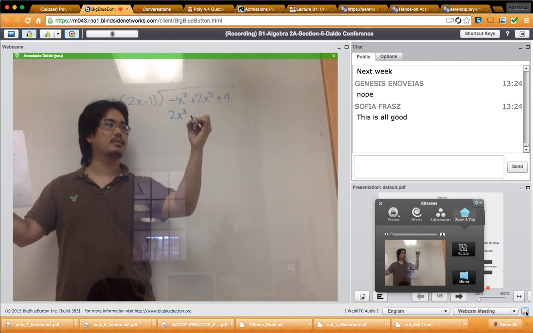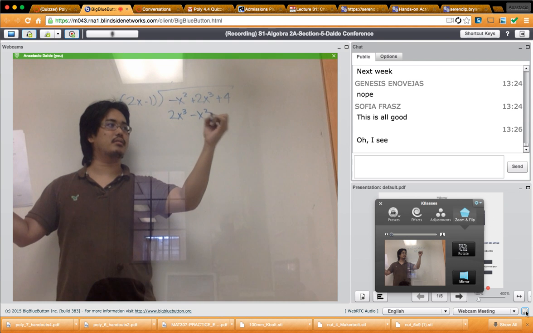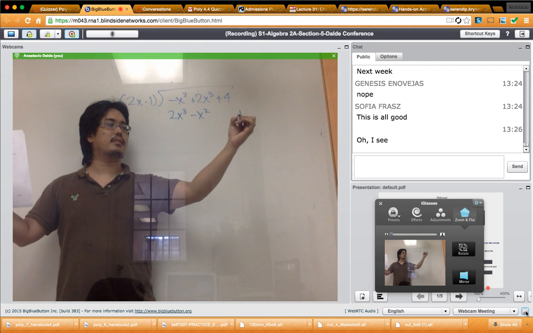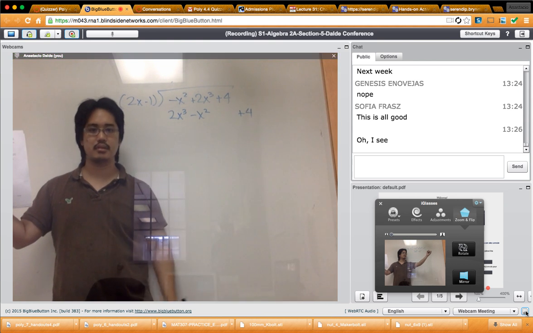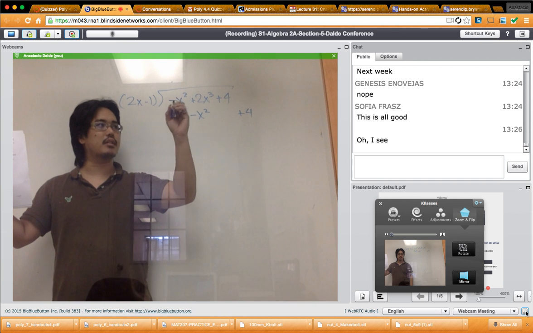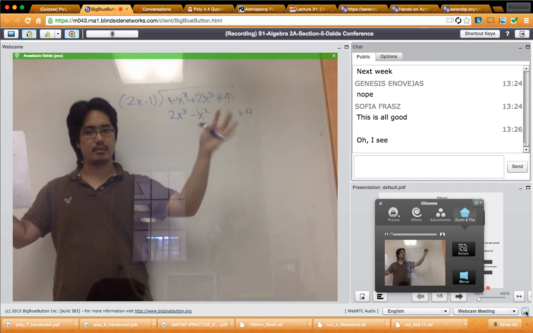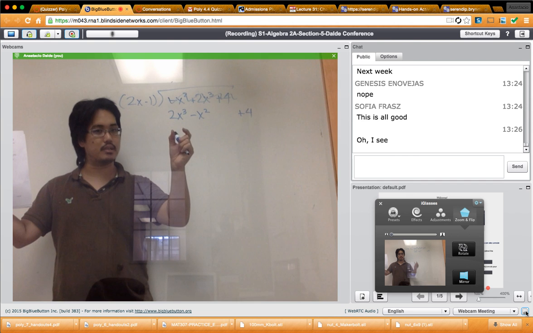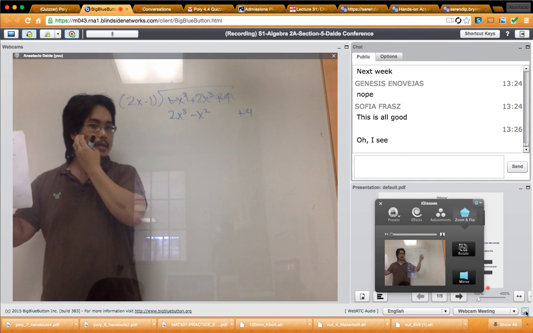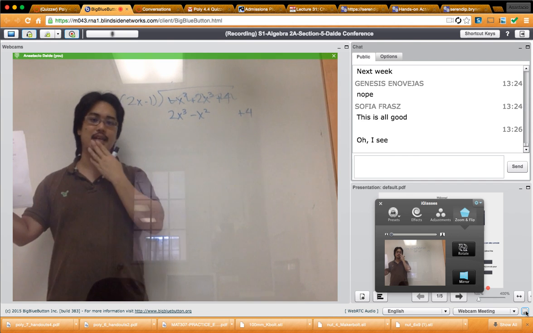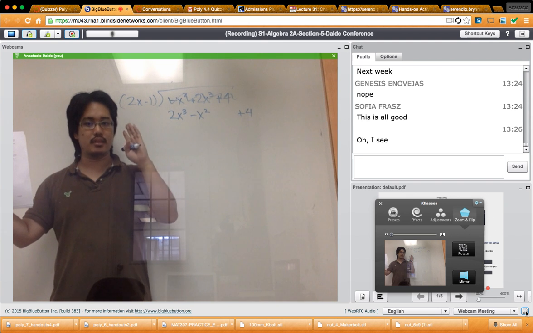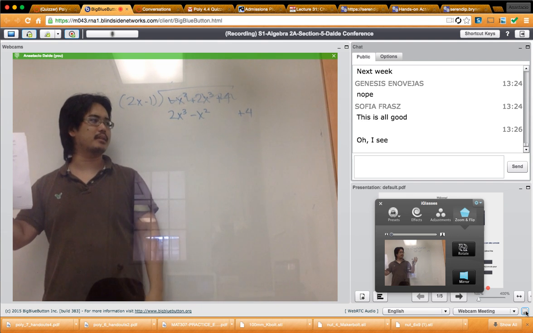So it's 2x cubed minus x squared plus 4. And then you can do the long division. So you don't want to use the original order. You want to rearrange it so that it's from greatest power to smallest power. The other thing you need is this, and this is where I'm surprised they didn't give you a problem like this.